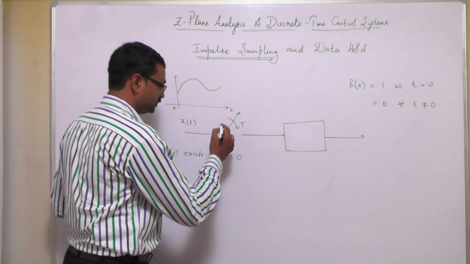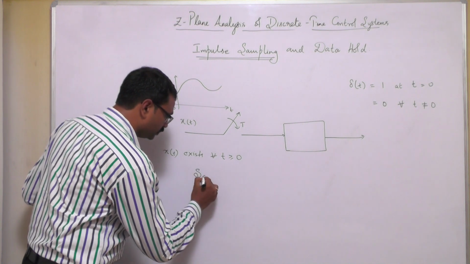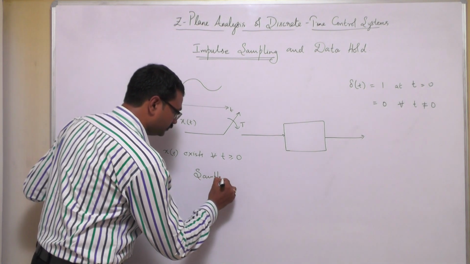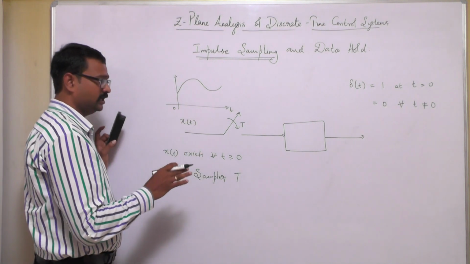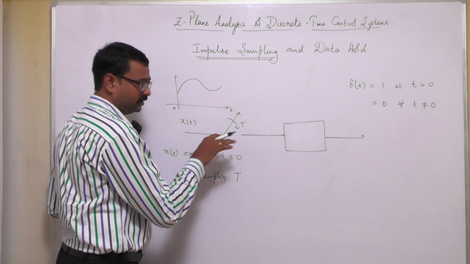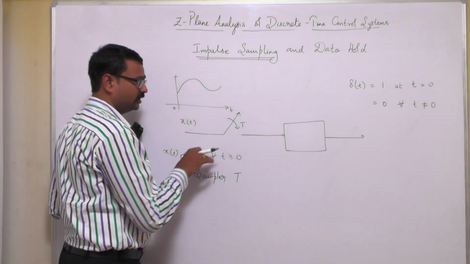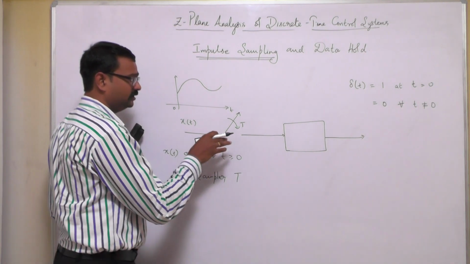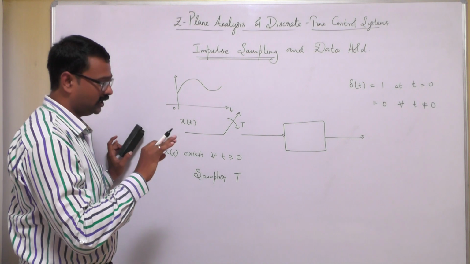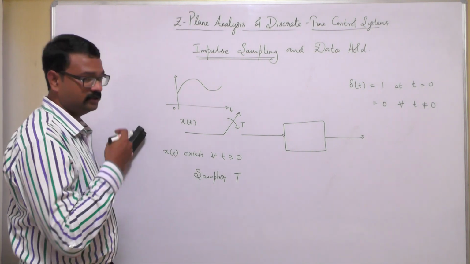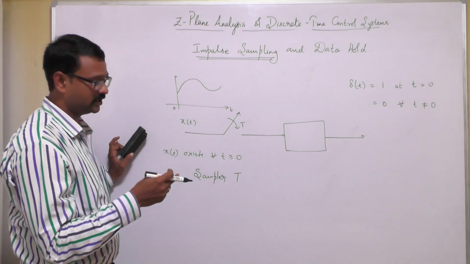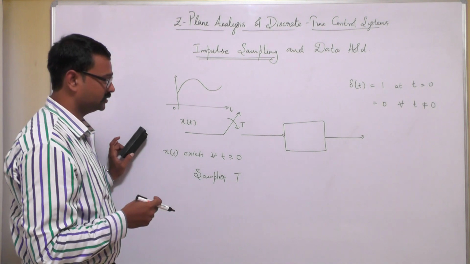Therefore, we are going to use this as a sampler with time period T. It is a rotating switch: at a particular instant, if it is in contact with this signal, then you have the value, and immediately after the contact it is disconnected, and it will take one rotation to again come in contact with the other part of the circuit.